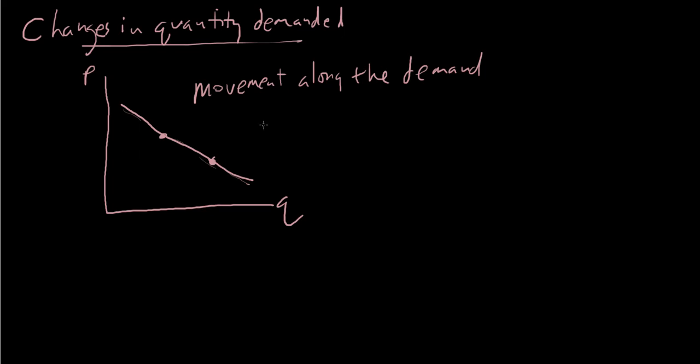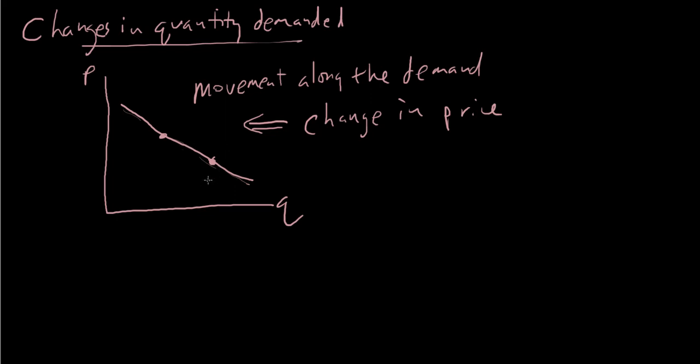And what causes this? This is caused by changes in its own price, right? So if price changes, then we're moving along the demand curve. If price goes up, there's going to be a decrease in quantity demanded. If price goes down, there's going to be an increase in quantity demanded, right?